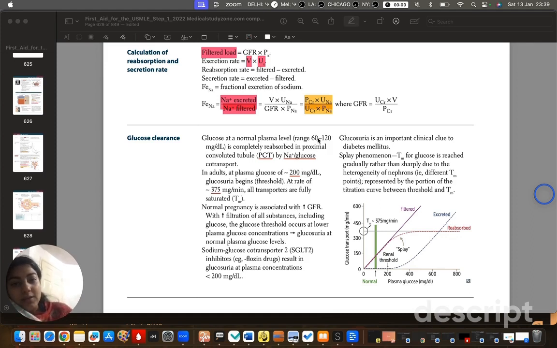Okay, this is the normal range. Glucose in your blood, 60 to 120. If by any chance your blood glucose goes above 200, that is when it starts appearing in your pee, because there is a threshold. For example, let's look at this graph, plasma glucose.